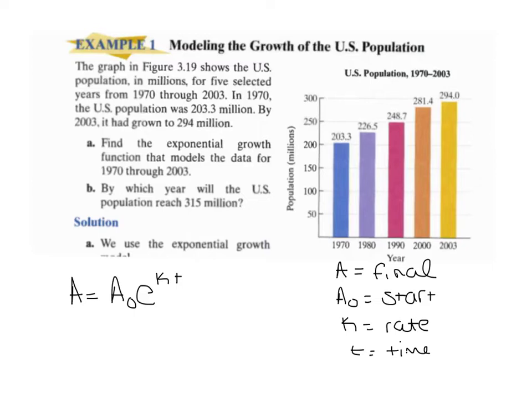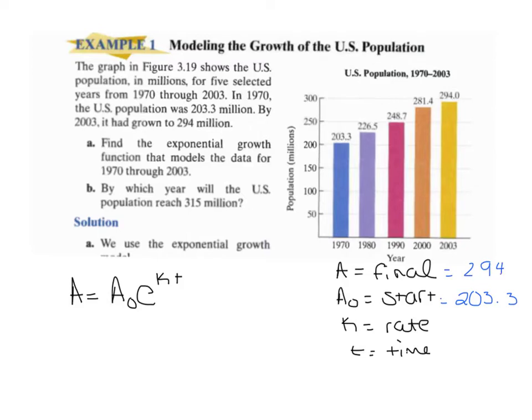So based on that, now I can start identifying things from this word problem. My initial population size in 1970 was 203.3 million. So that's what I started with, 203.3. And then I finished in 2003 with 294 million.